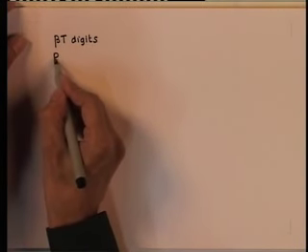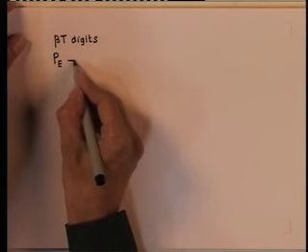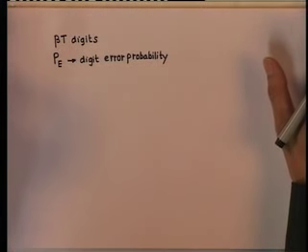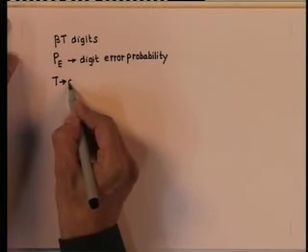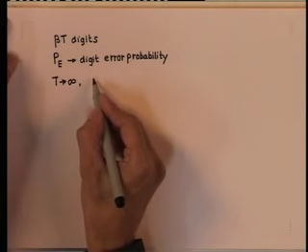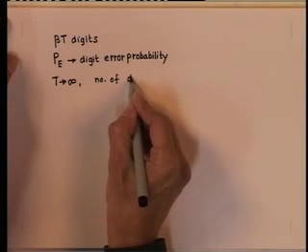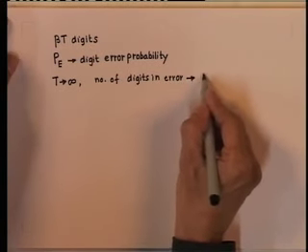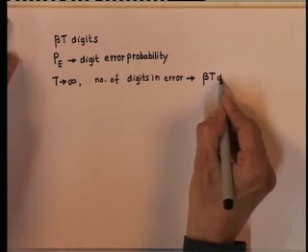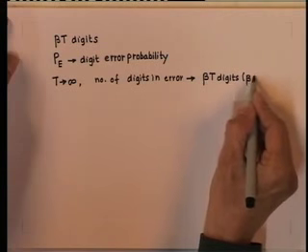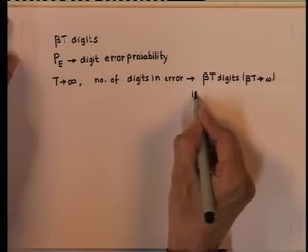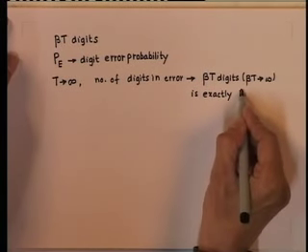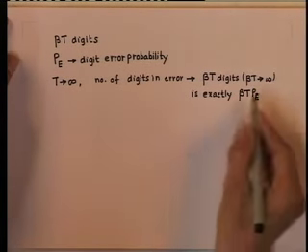Now, if Pe denotes the digit error probability, then it can be seen from the relative frequency definition or the law of large numbers that as T tends to infinity, the total number of digits in error in a sequence of beta times T digits is exactly beta times T times the error probability.